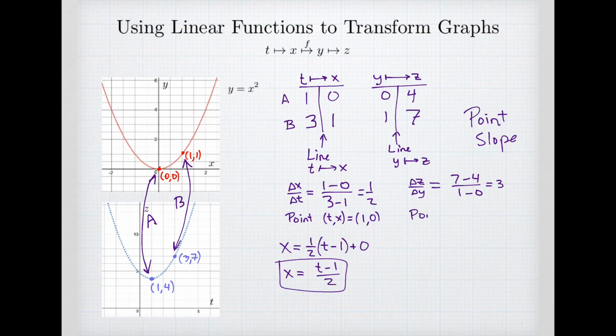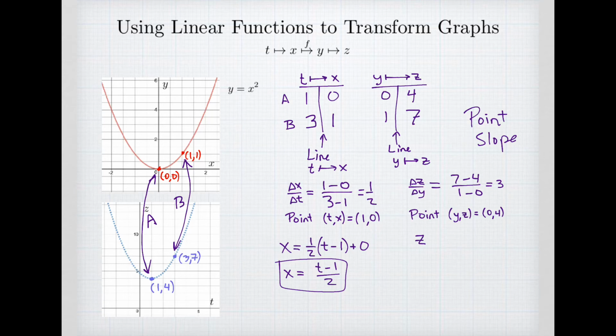Again, I need a point. This time my coordinates are input y, output z. I could pick either one, but I'm going to pick 0, 4. So I've got a slope of 3 and a point 0, 4.